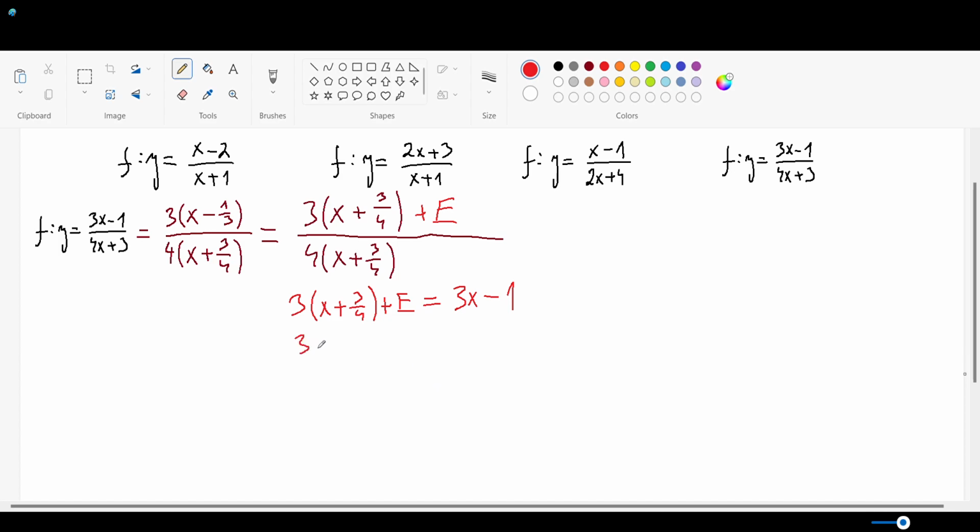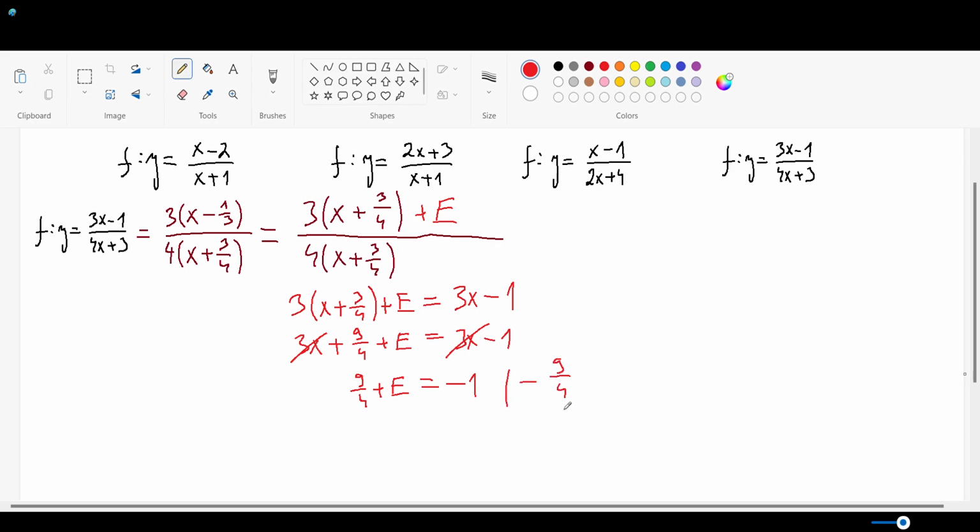If we simplify the left side of the equation, we will get 9 over 4 plus e must be equal to 3x take away 1. Again, the same procedure, we get rid of the terms. So 9 over 4 plus e must be equal to -1.